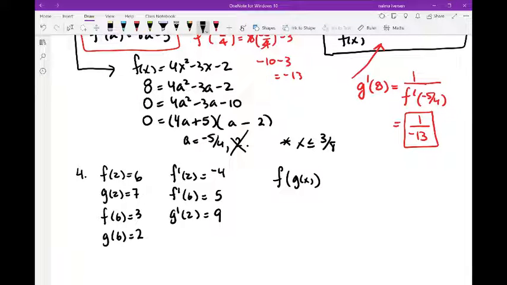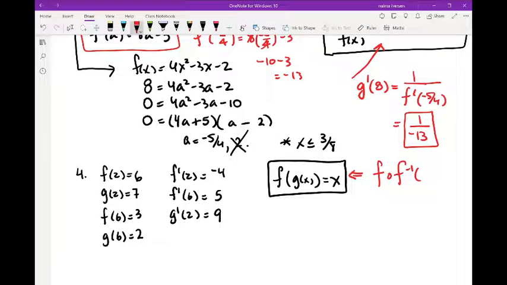So that's a big key for what this question is telling you. If you remember from Math 12, we figured out that f of f inverse of something was equal to the something, right? They popped out from each other. So if you say that f of f inverse of x is equal to x, it means that these two functions are inverses of each other, and they're sort of canceling each other off.